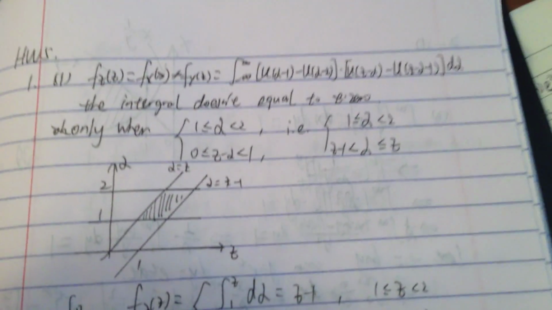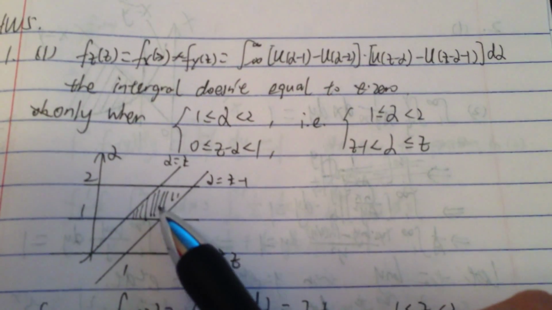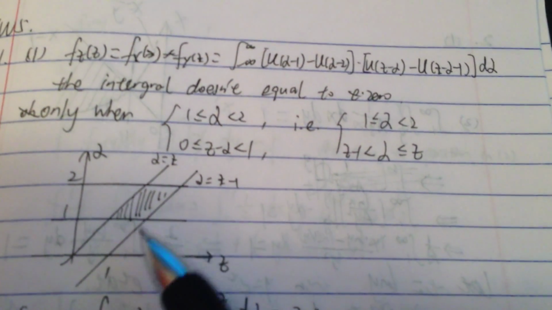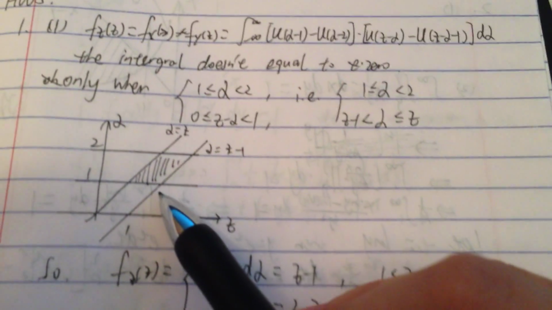We can plot it on the graph. Let's look at this. The shaded area means the valid region for alpha.